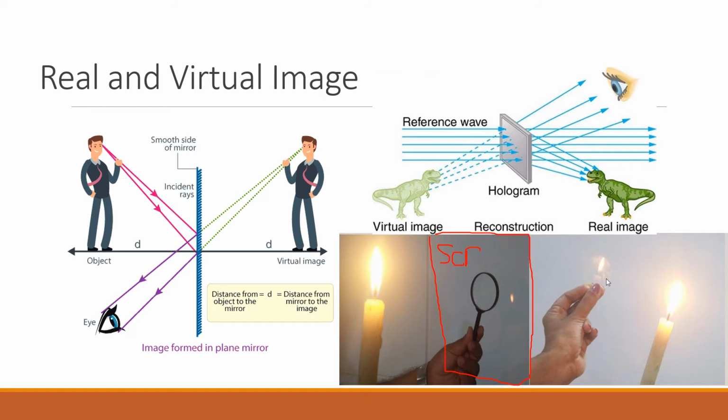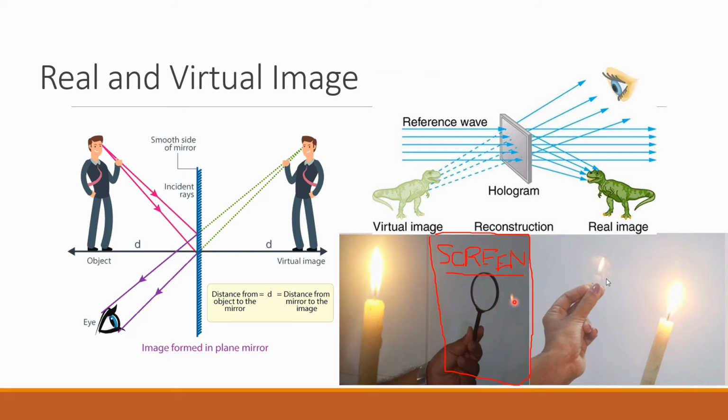Screens are the plane surfaces where the image can be formed, like the ones which are there in your theaters, isn't it? Those are your screens. Fine. So can you see this white wall? This white wall acts as your screen. So when an image can be obtained on the screen, can you see there is an image which is being obtained on the screen, then what kind of image is formed?